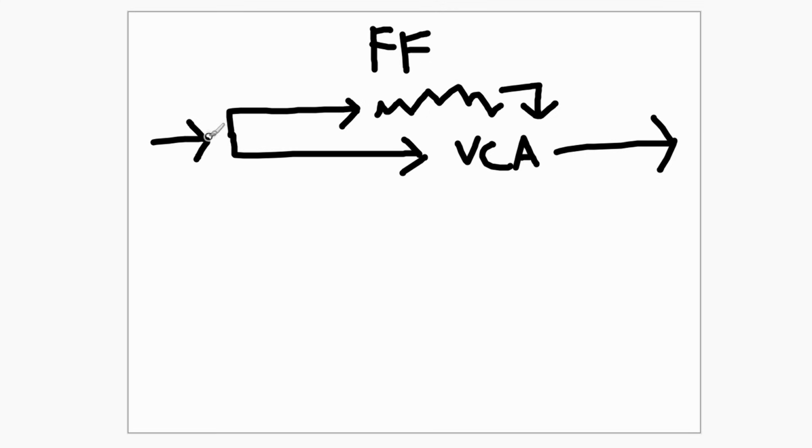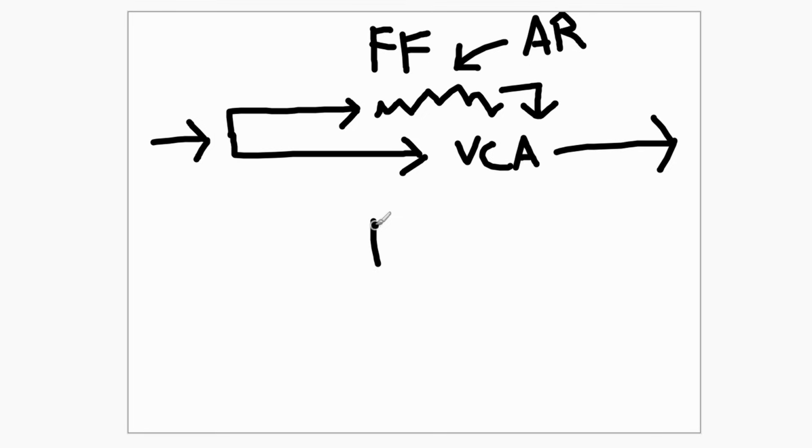So it's pretty simple. Signal splits, slew is calculated and used for the VCA, and then the signal is output. So the only thing in the signal path is the VCA. And of course, the slewed signal is calculated using attack and release times and stuff like that.